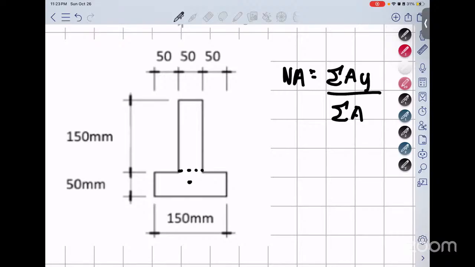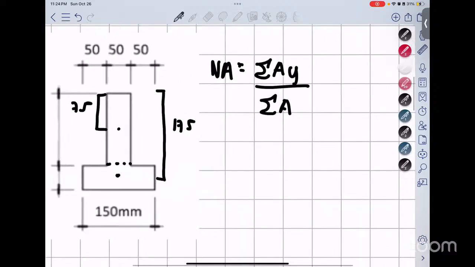So just along y, since it's asking us to refer below the top surface, this is 150 plus 50 over 2, 175. This is 150, so just half of that, 75. Now let's label this one and two for clarity.